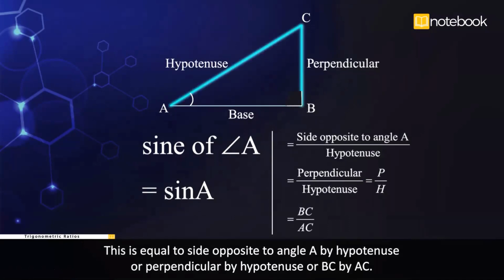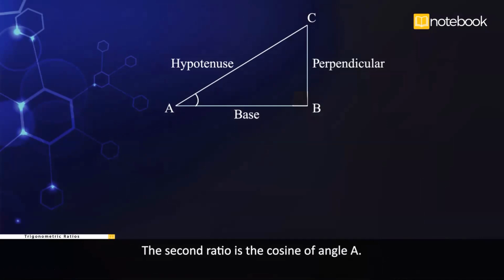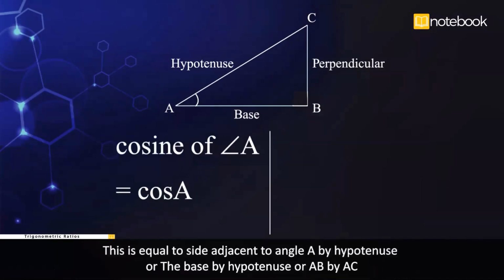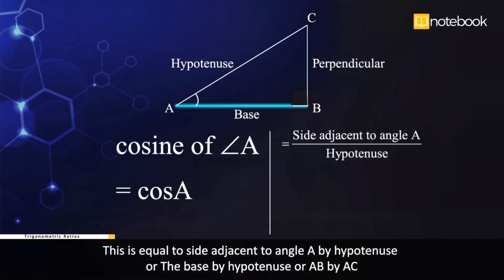The second ratio is the cosine of angle A. This is equal to side adjacent to angle A by hypotenuse, or the base by hypotenuse, or AB by AC.